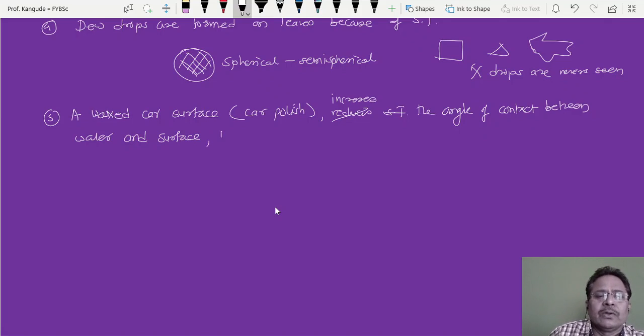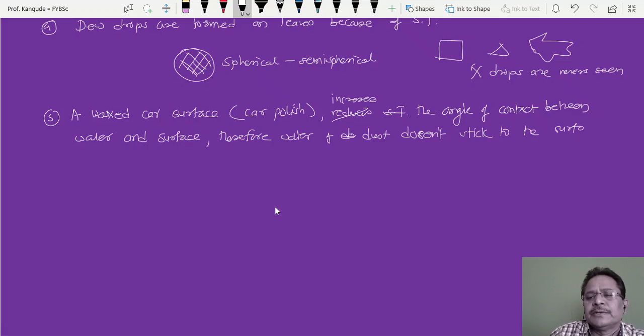Therefore water and dust don't stick to the surface, and the car surface looks very clean, dust free, because this car polish has been used on the surface. That is called waxing of the car.